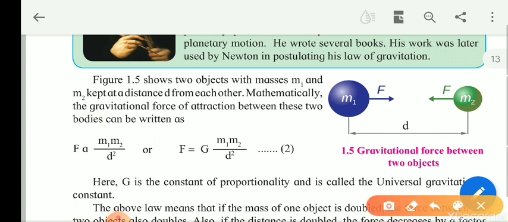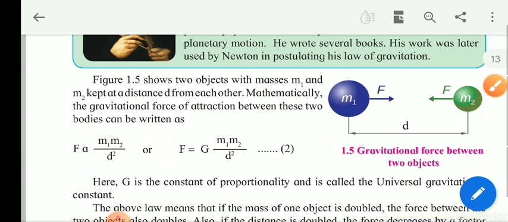You can see here there is a square of the distance, d square, and that gives a relation between the force of attraction between two objects located anywhere in the universe. It all depends on their masses and the distance between them.